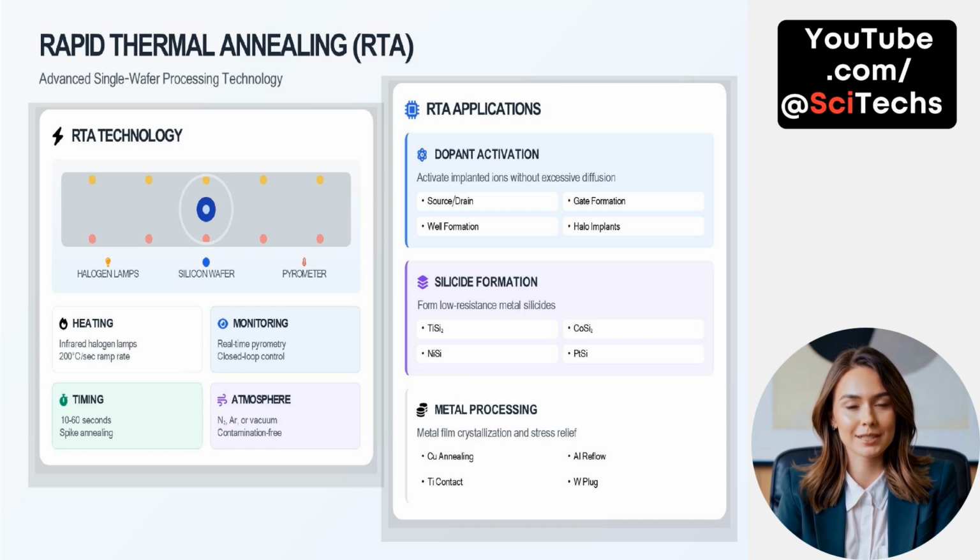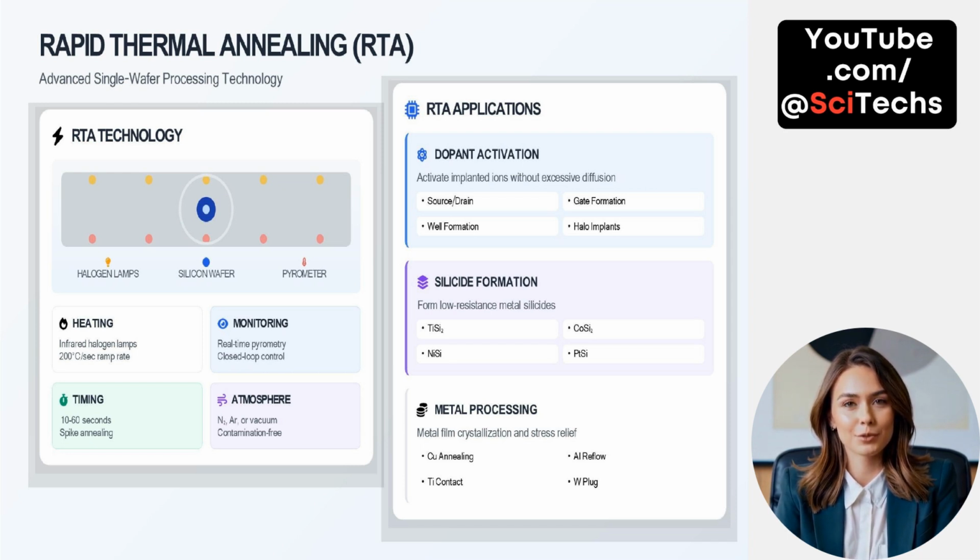Rapid thermal annealing, RTA. Rapid thermal annealing is an advanced single-wafer processing technology used for high-speed thermal treatment. The core of RTA lies in its technology. Heating is achieved using powerful infrared halogen lamps, which deliver an impressive ramp rate of 200 degrees Celsius per second.